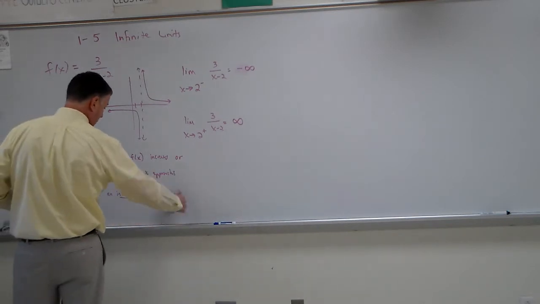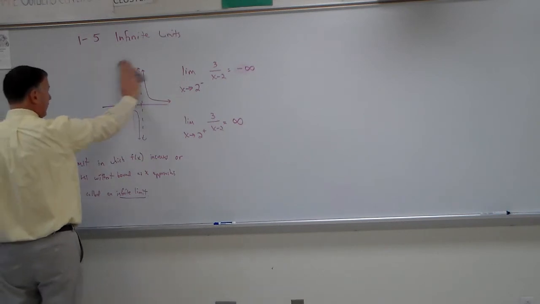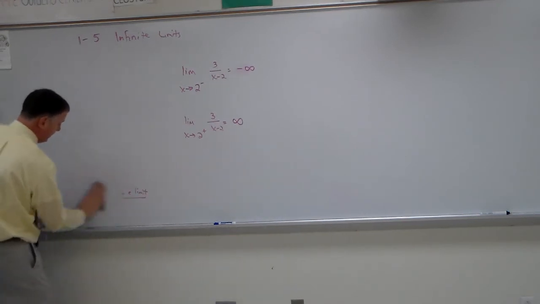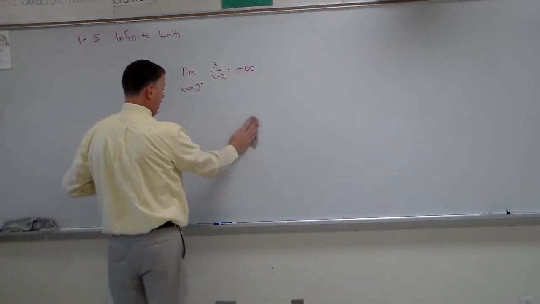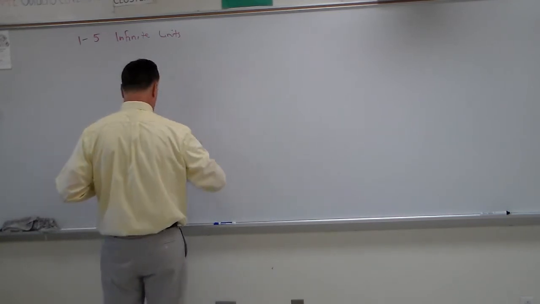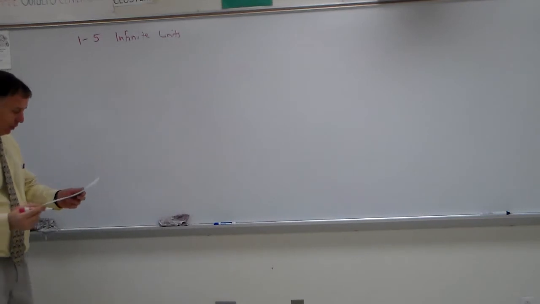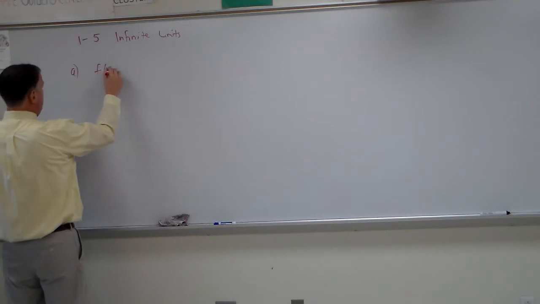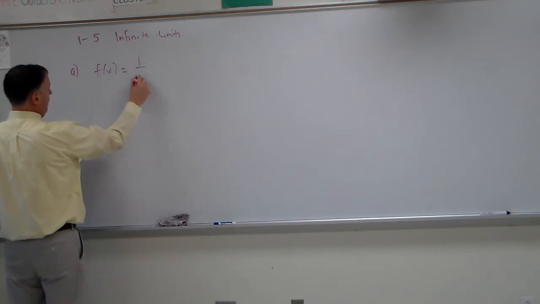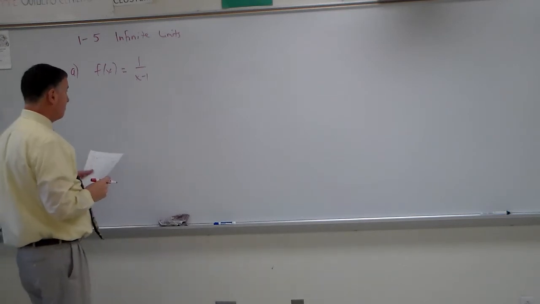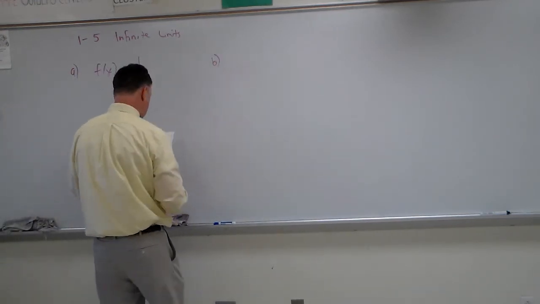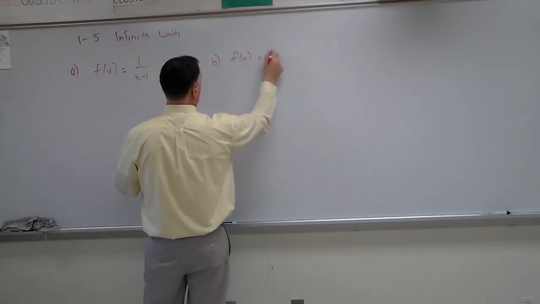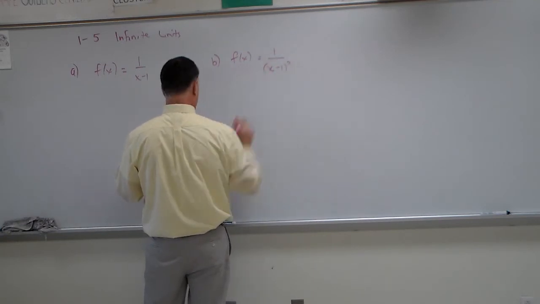So I'm going to give you guys a couple to try, and you can type them into your calculator and take a look. You can always use the numeric method, type it into your calculator, look at a chart, if it's unclear. But a lot of times with these, your graphing calculator will lead you the way. So let's say in part A, f of x is equal to 1 over x minus 1. And letter B, f of x equals 1 over x minus 1 squared.